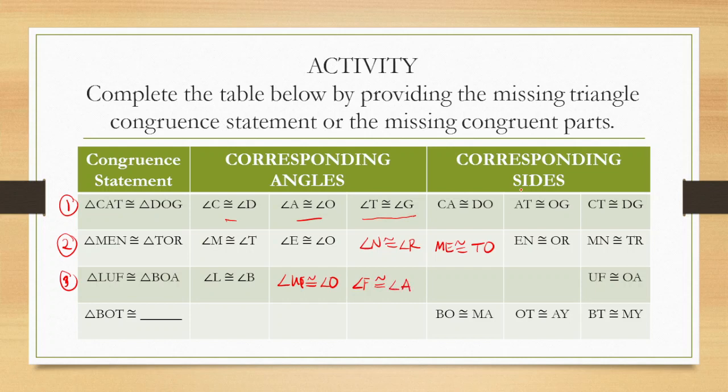Okay. And what about the corresponding sides? What are the missing corresponding sides here? Yes, let's call Santino. BO. Okay. Then another one, Cherilyn.